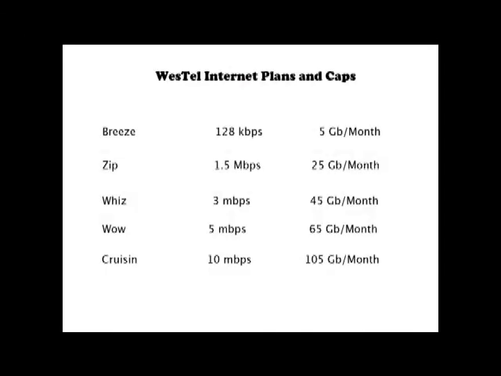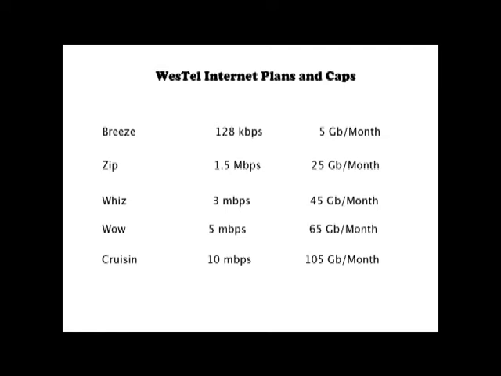Depending on your plan with WesTel, your bandwidth caps will vary. If you have our Breeze plan, you have download speeds of 128 kilobytes per second, and you have a 5 gigabyte per month bandwidth cap. If you have our Zip plan, you have download speeds of 1.5 megs per second and a bandwidth cap of 25 gigs per month.